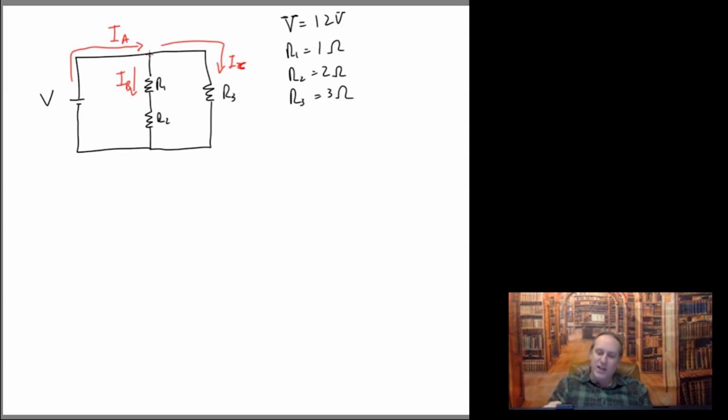They are here and here. Let's call them junction 1 and junction 2. So from junction 1, we get an equation. The current into junction 1 is IA, and the current out would be the sum of IB and IC.